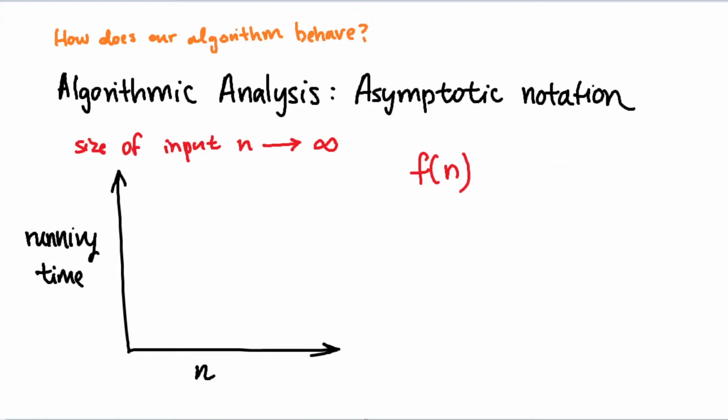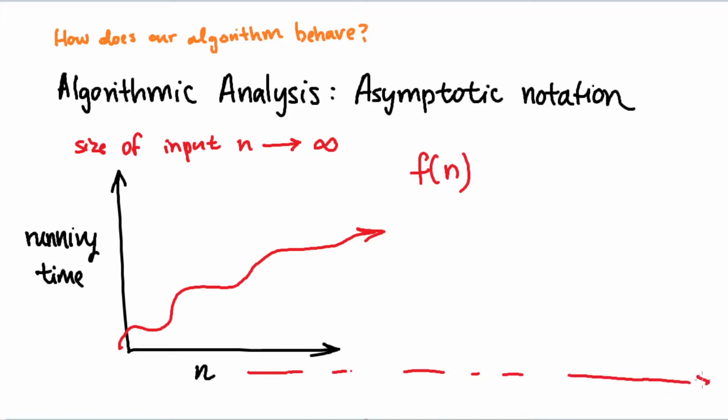So if we represent the running time f of n on this graph, let's say it looks something like this, and it doesn't have to be perfect. The concept is that as your n increases, as it gets larger and larger and goes off this graph, we can start describing the general behavior of this graph using more general terms.